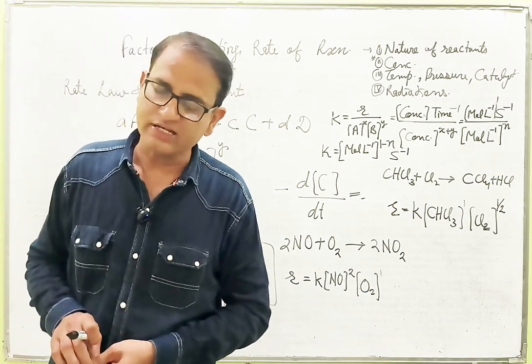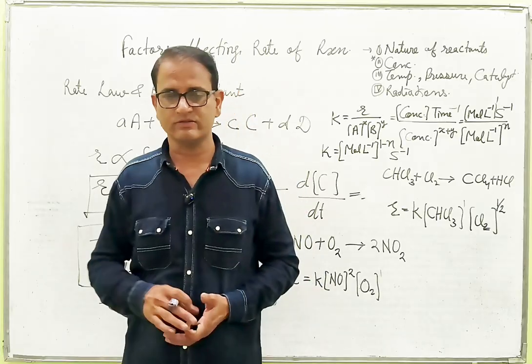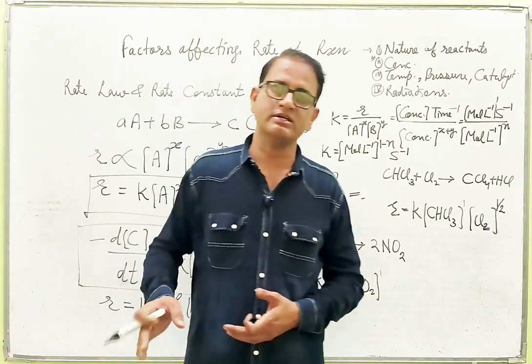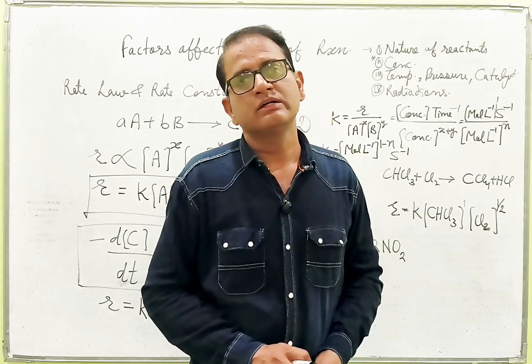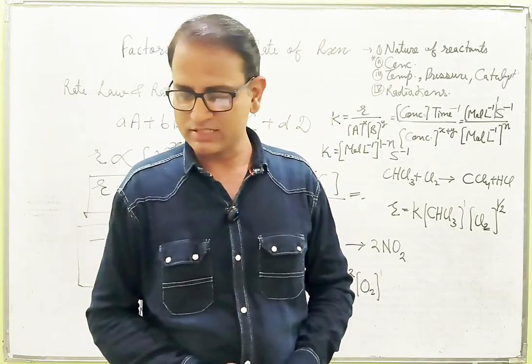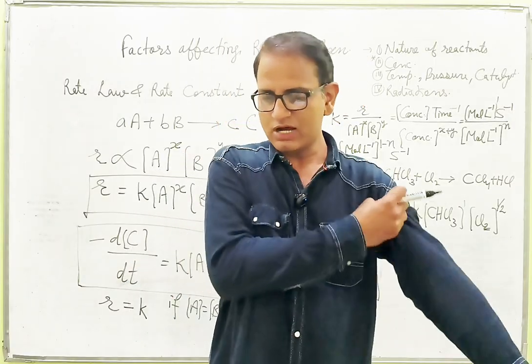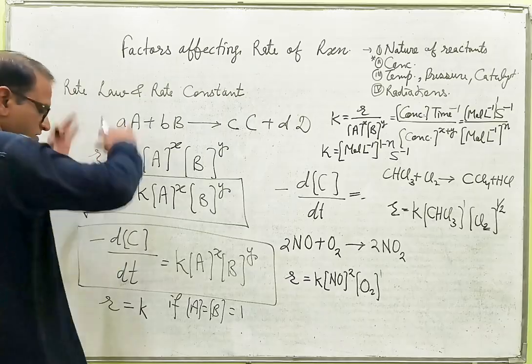If there are many steps in a particular reaction, first step, second step, then intermediate, then final product, such reactions are called complex reactions. So this is how we discuss rate law and rate constant.